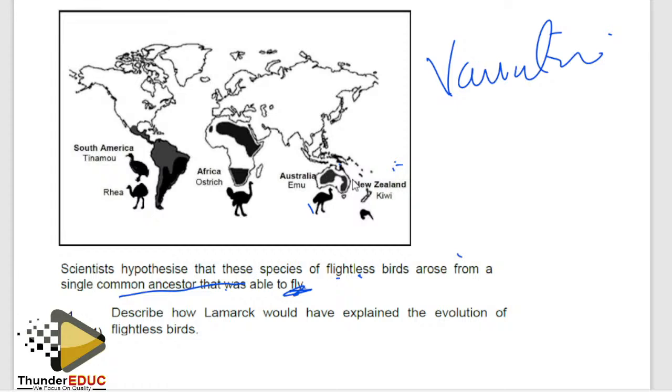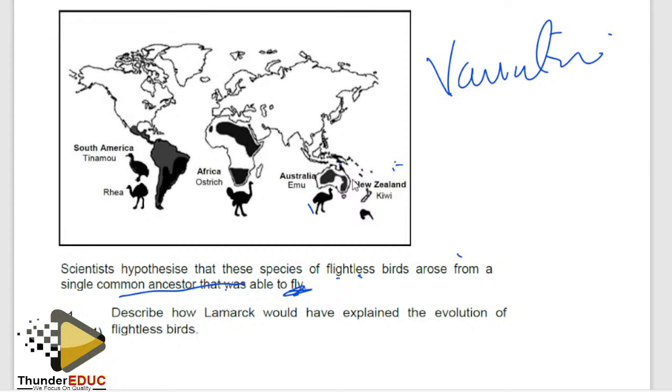You talk about the first point, variation. There was variation among these birds: those which are able to fly and those which are not able to fly. Those which are able to fly were detected maybe by the predators and therefore were killed by the predators. Those which are not able to fly were able to hide from predators, and then they survived and reproduced in large numbers.